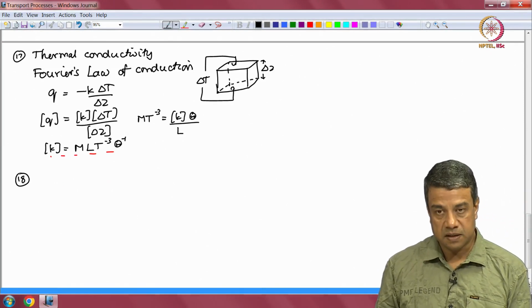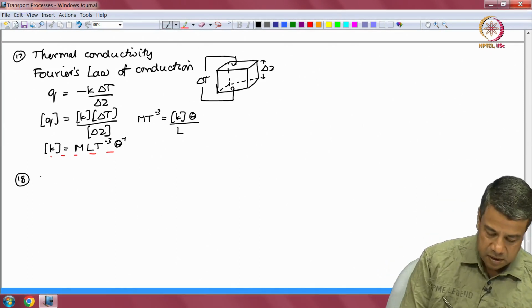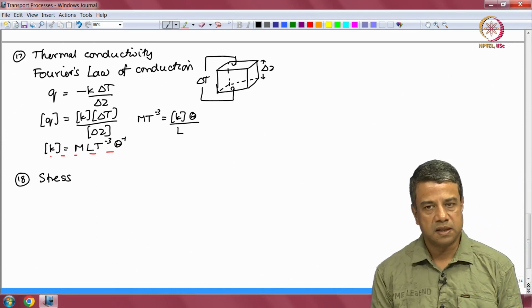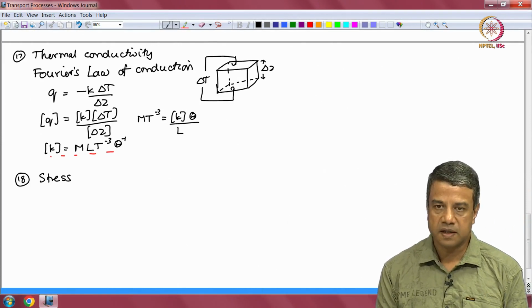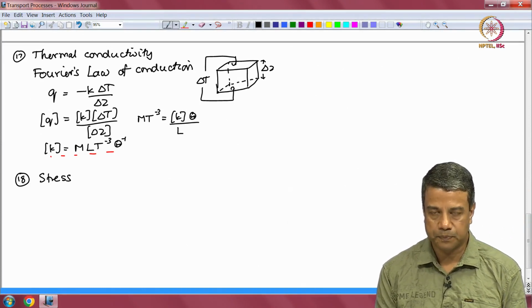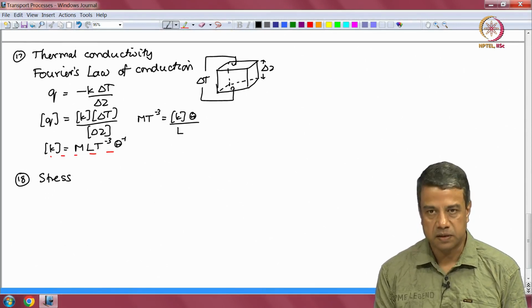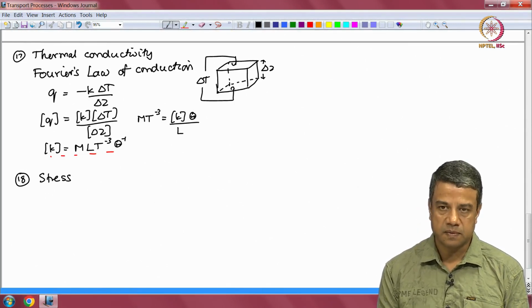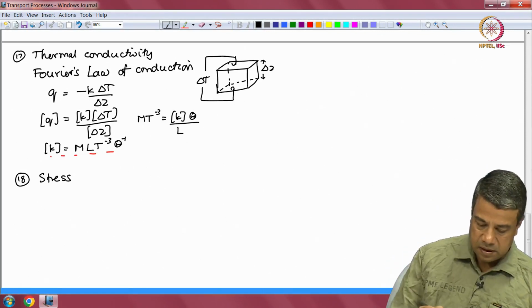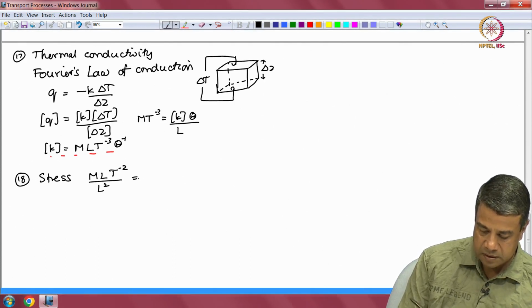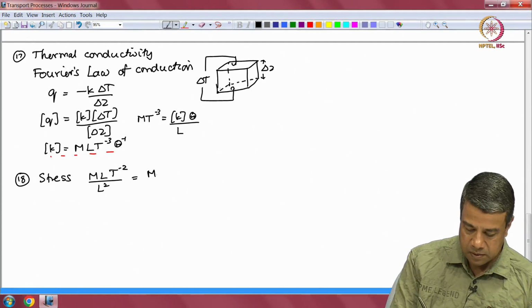Now, momentum transfer, stress. As we will see later in this course, stress is defined as the force per unit area, and has the same dimension as pressure. Pressure is also a force per unit area. Both of them have dimensions of force divided by L square, which is equal to M L inverse t power minus 2.